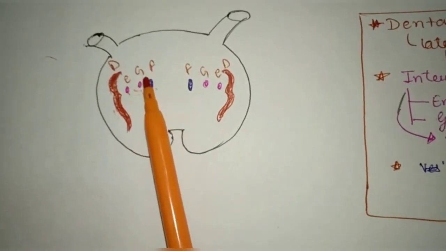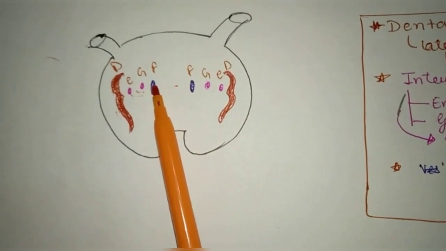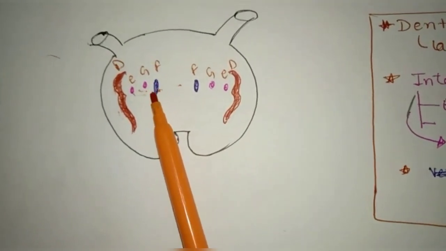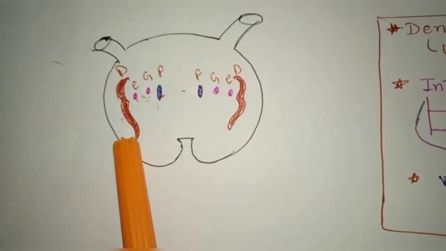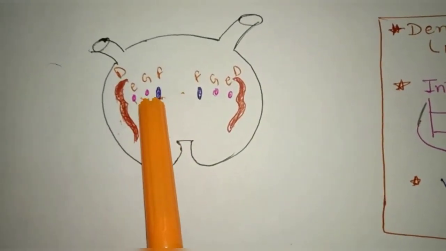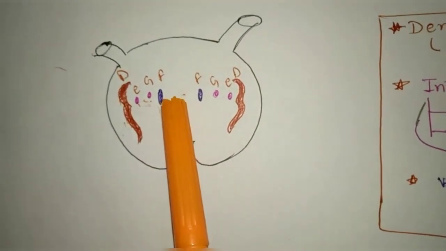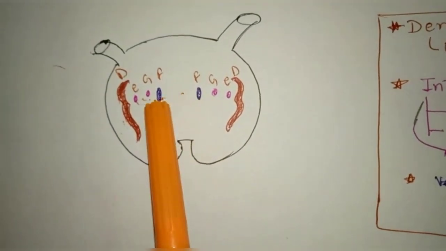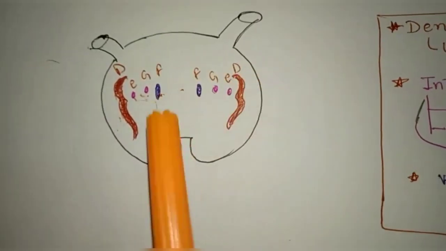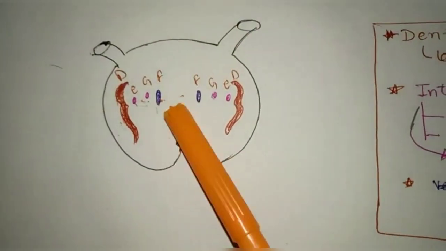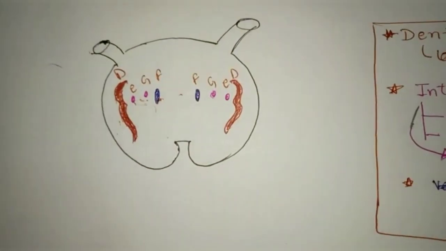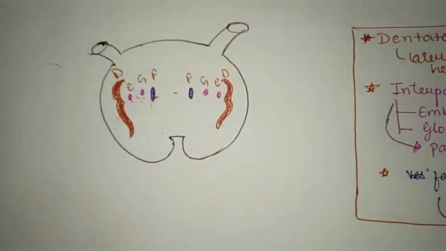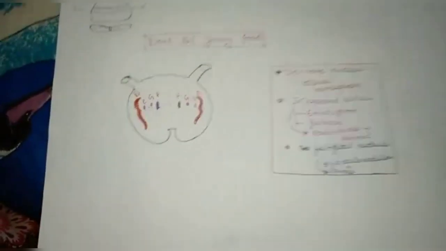It's globose nucleus, and this nucleus is known as fastigial nucleus. Dentate nucleus is found on lateral hemisphere. Emboliform and globose are on paravermal area or intermediate zone, and fastigial is found in vermis or flocculonodular lobe. So it is all about cerebellum.